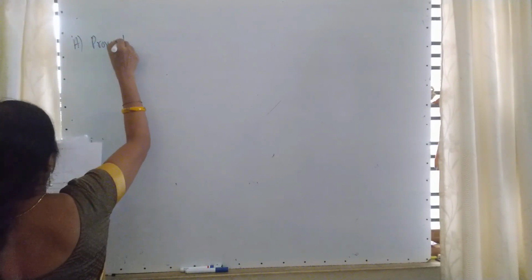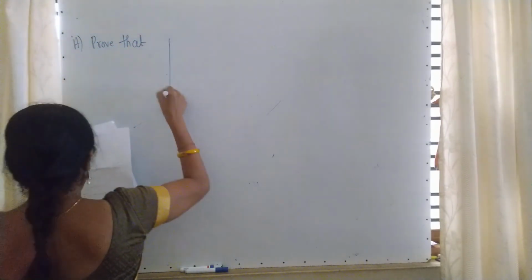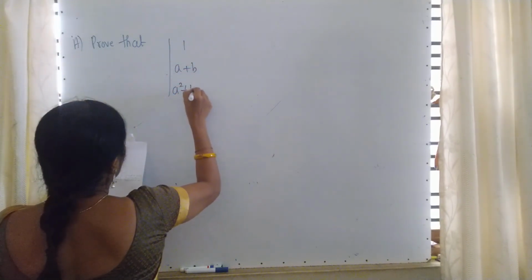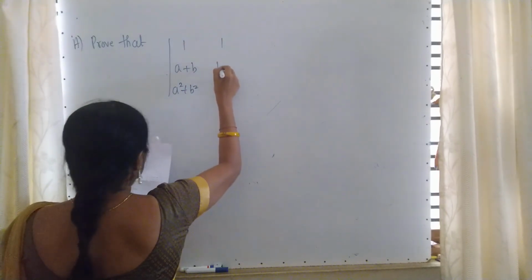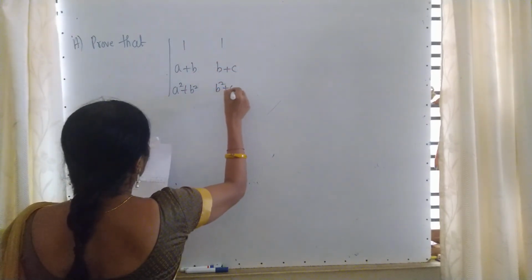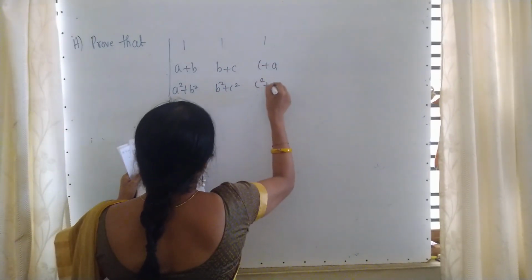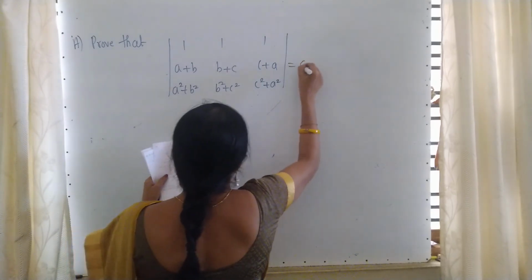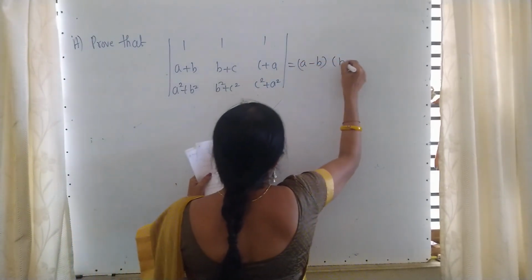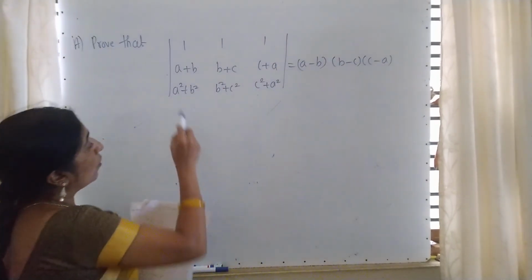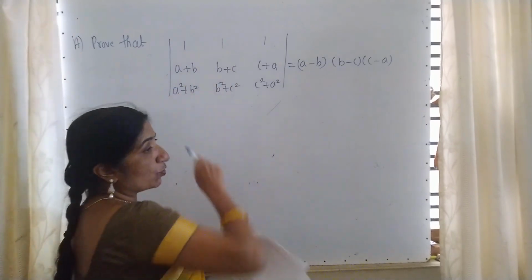Shall I give you one example as an assignment for your practice? Prove that 1, a plus b, a square plus b square; 1, b plus c, b square plus c square; 1, c plus a, c square plus a square is equal to A minus B, B minus C, C minus A. See, here all the elements in the first row are equal to 1.